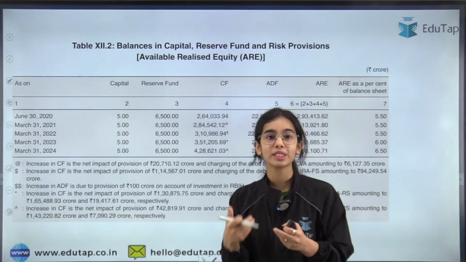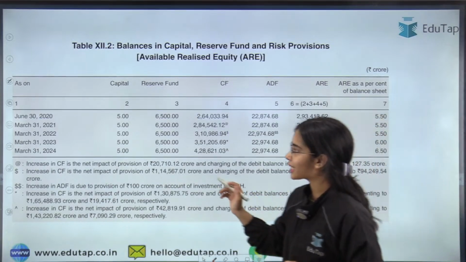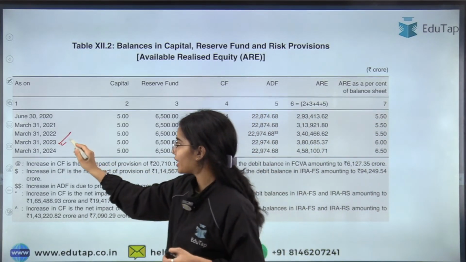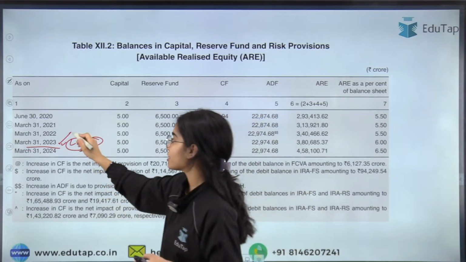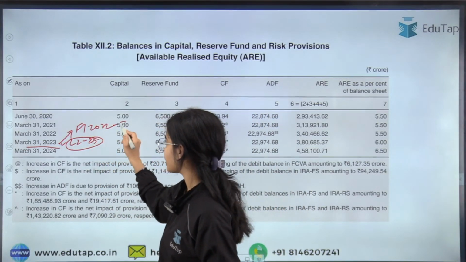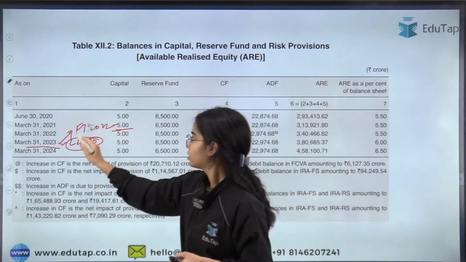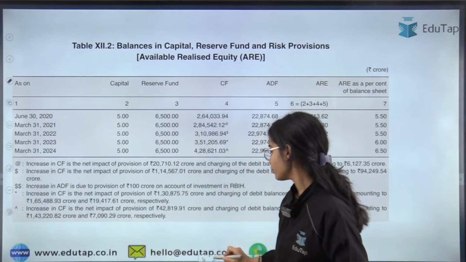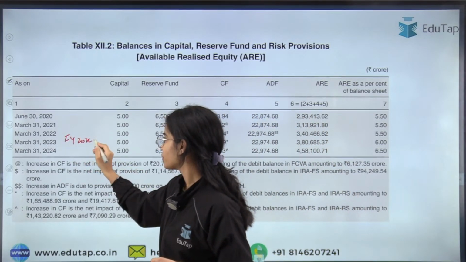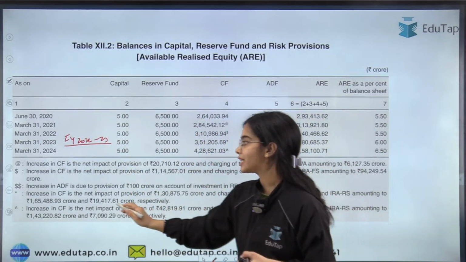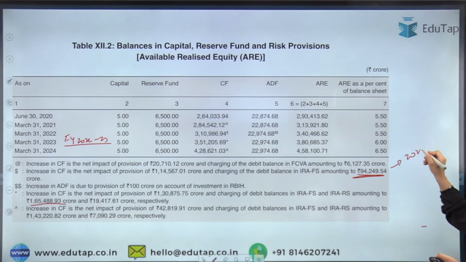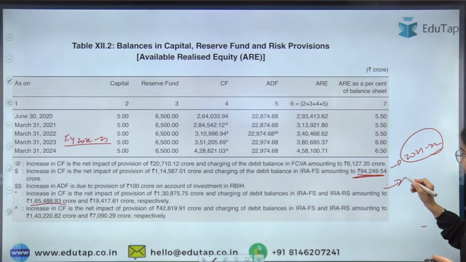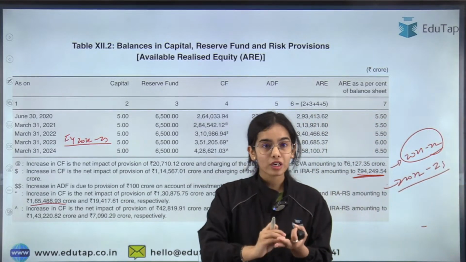I got a question about why lesser provisions had to be maintained. So remember that in the financial year that ended on March 31st, 2023, that is the financial year 2022-23, as compared to the previous year 2021-22, there were very high fluctuations in the foreign securities.